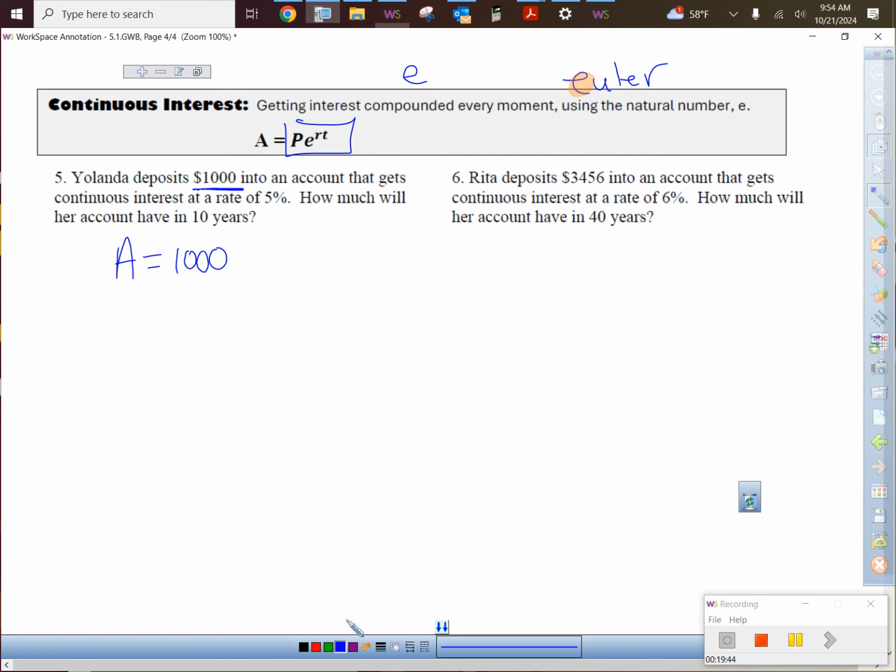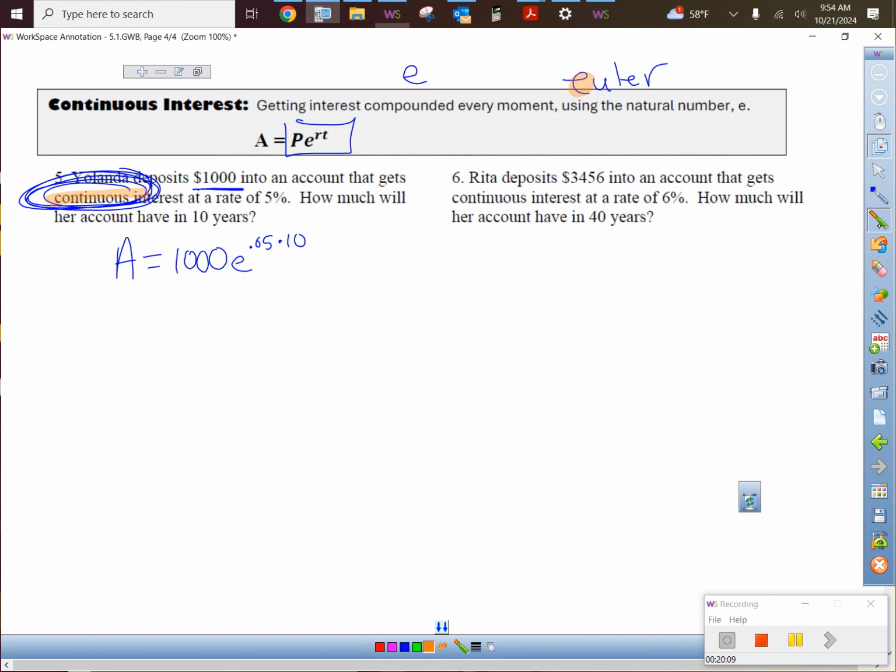Since they say continuous interest, that's the only time you will use PERT, if the word continuous is in there. They didn't say monthly, weekly, or daily, they said continuously. So we will put an E in there, and then raise it to the rate, which is 5%, but we have to change that to a decimal, times time.